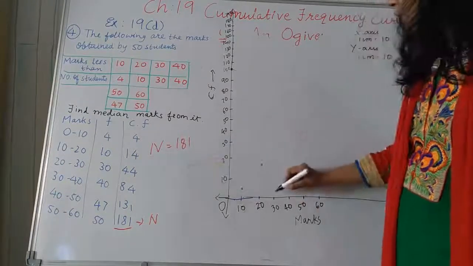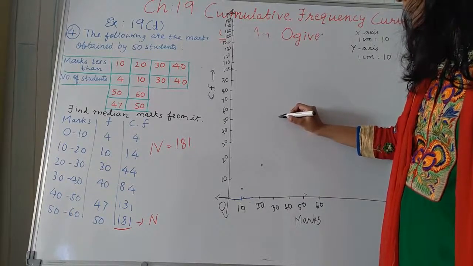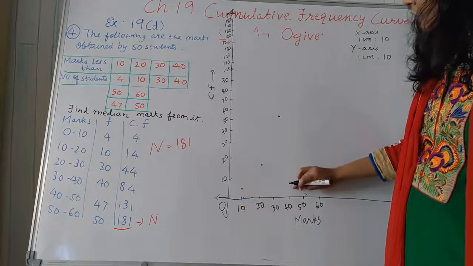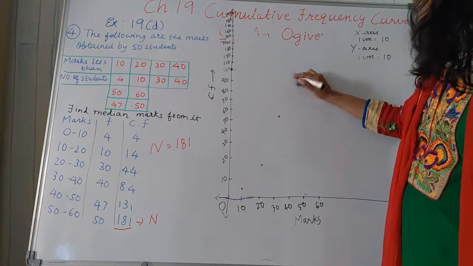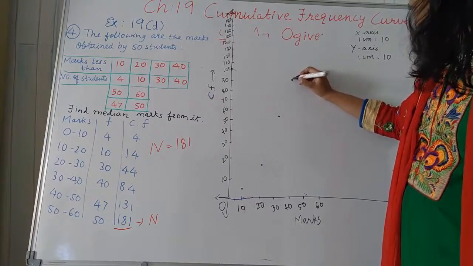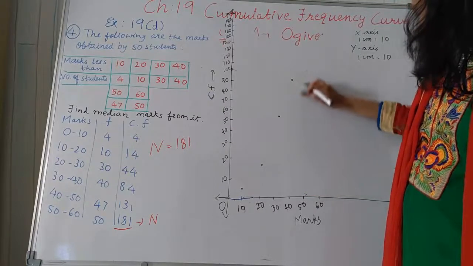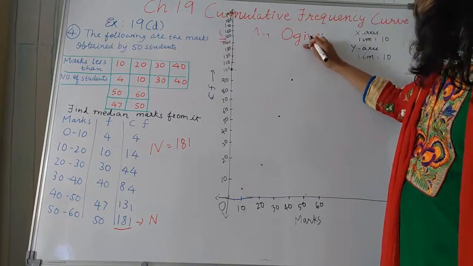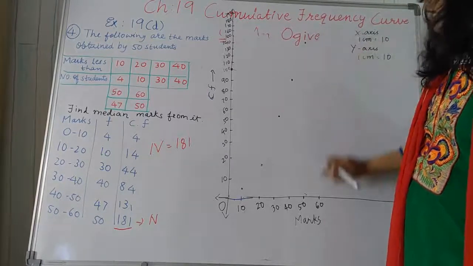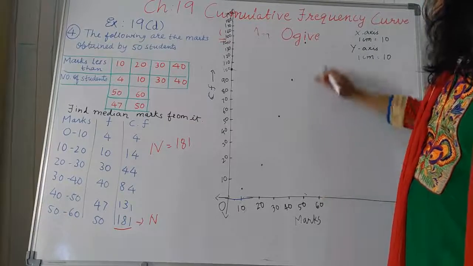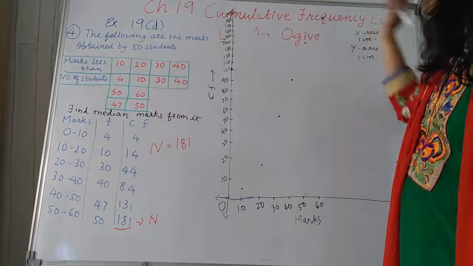Next is 30, 44. 44 is here. 40 is 84. So 84 lies here. 50 is 131. So 130 and 1, 131 is here. And last, 60 is 181. So you see it is somewhere here, 181.